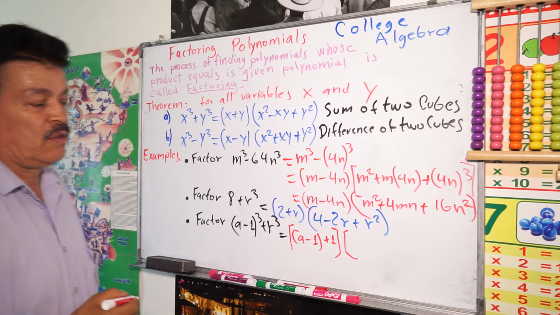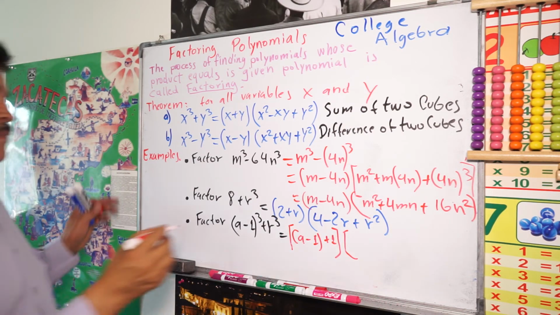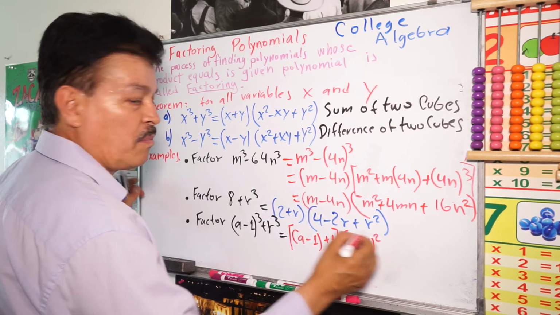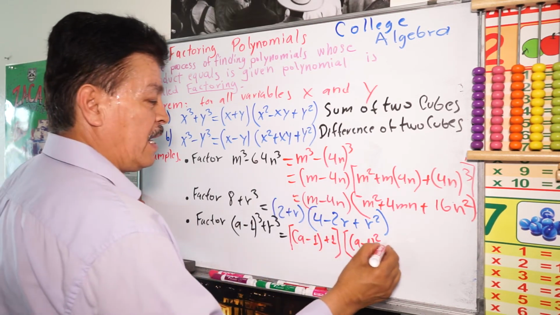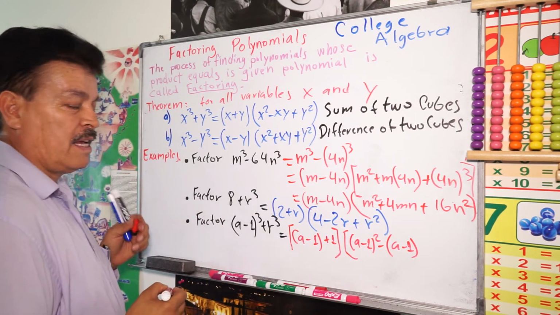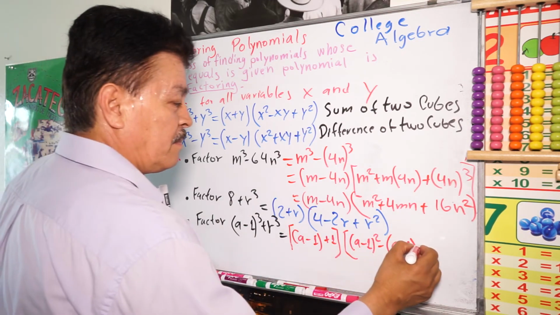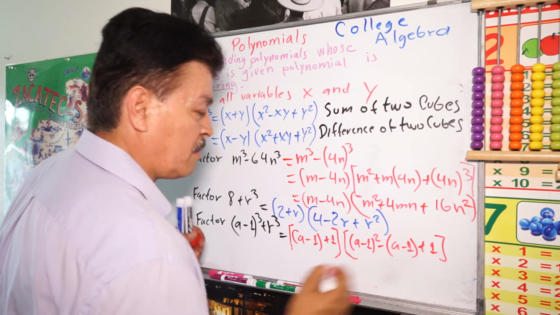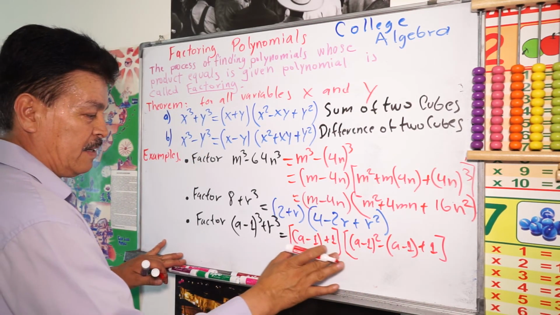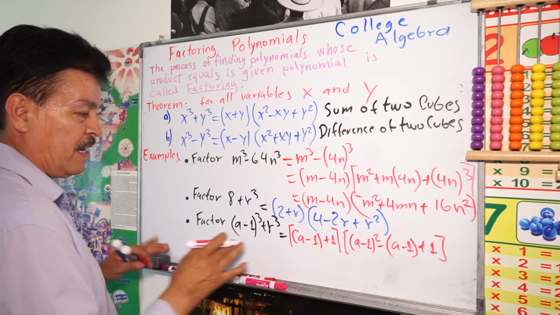Here is going to be a minus 1 to the second power, minus a minus 1, plus 1. Close brackets. Let's see how to find the answer. Simplify here.